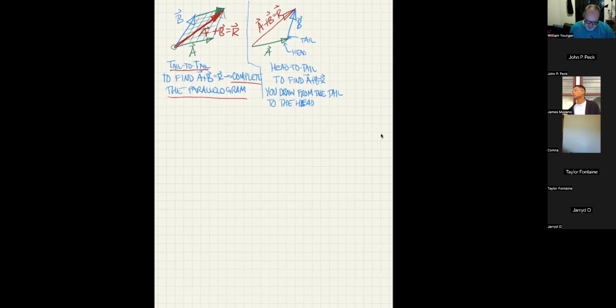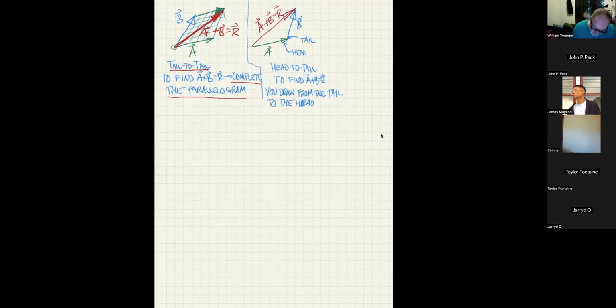Then you can usually graphically add vectors like this in such a way that you come within 1 or 2% of the actual answer that you get from more mathematical techniques. So this addition by just drawing scale models works great. It's just too time consuming to do on the test. But if you ever open up Newton's Principia, you'll see that's pretty much what he did, because it was just too much work otherwise.